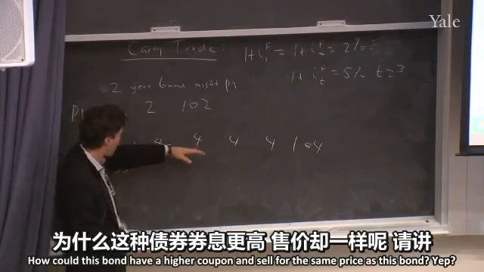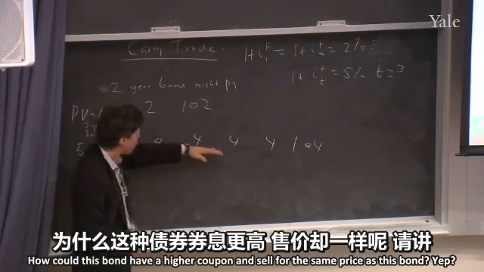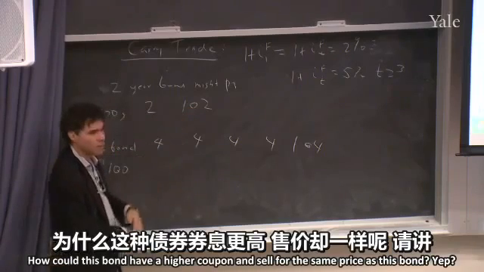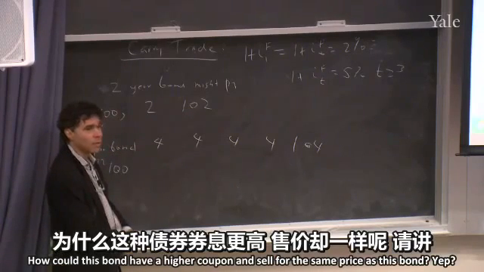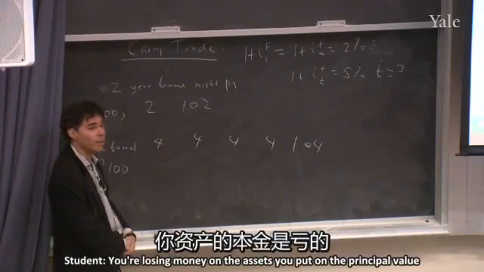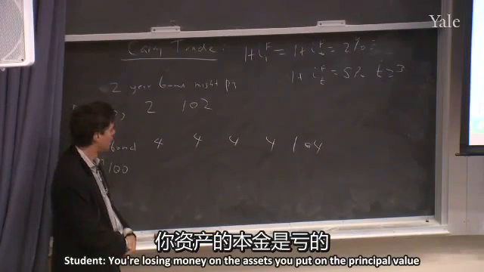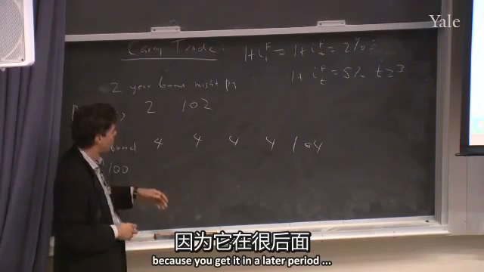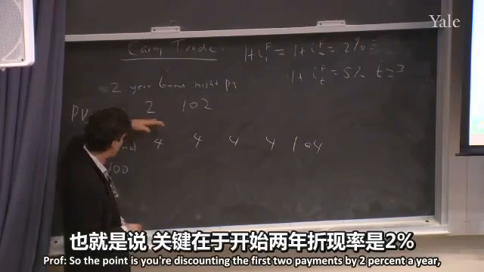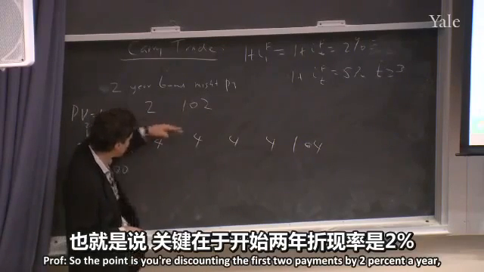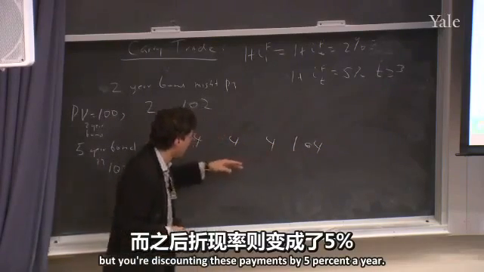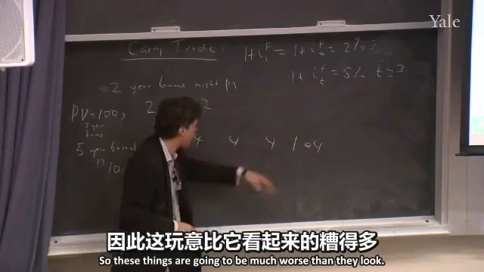How could this bond have a higher coupon and sell for the same price as this bond? Okay, so the point is you're discounting the first two payments by 2% a year, but you're discounting these payments by 5% a year. So these things are going to be much worse than they look.